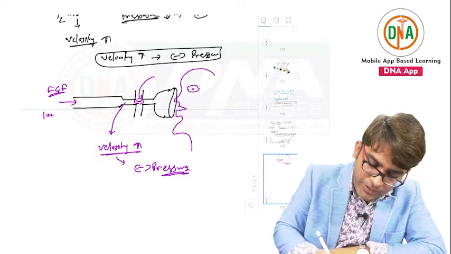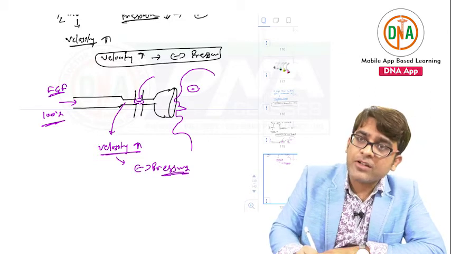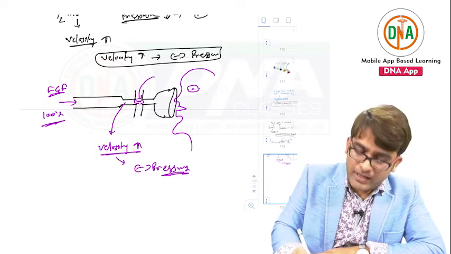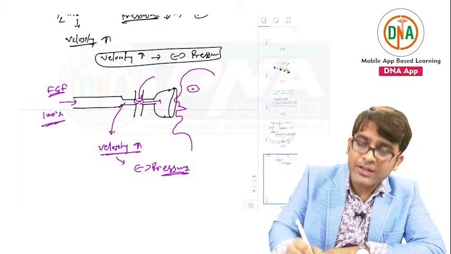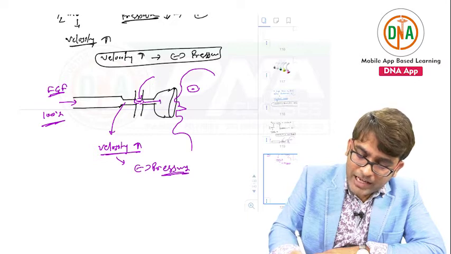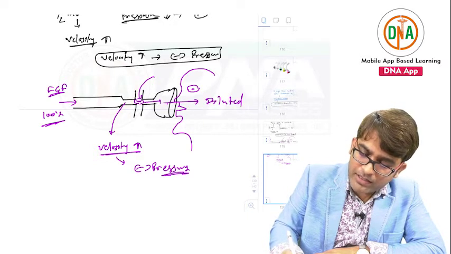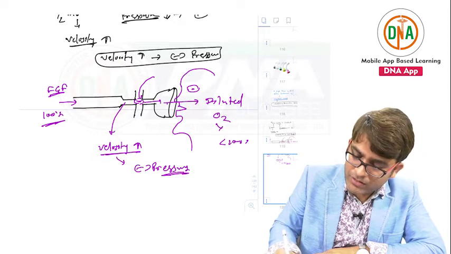It is 100% oxygen. No? It is 100% oxygen. It creates a negative pressure. After creating a negative pressure, the air from the atmosphere comes inside this. And there is a dilution of this 100% oxygen because of the entrance of the atmospheric air. So the patient gets diluted oxygen. So this oxygen is less than 100% oxygen.